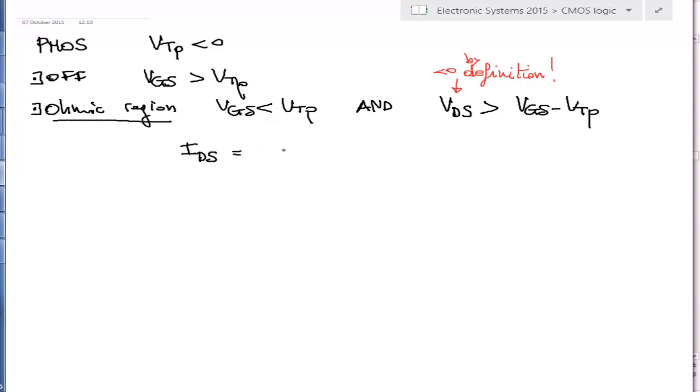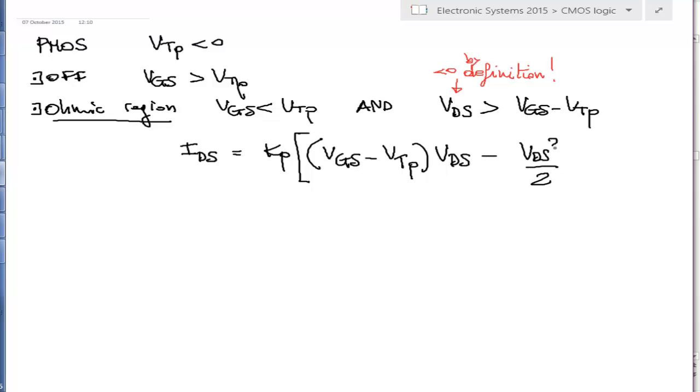IDS is equal to Kp times (VGS minus VTP) times VDS minus VDS squared. Okay, so the same identical expression.